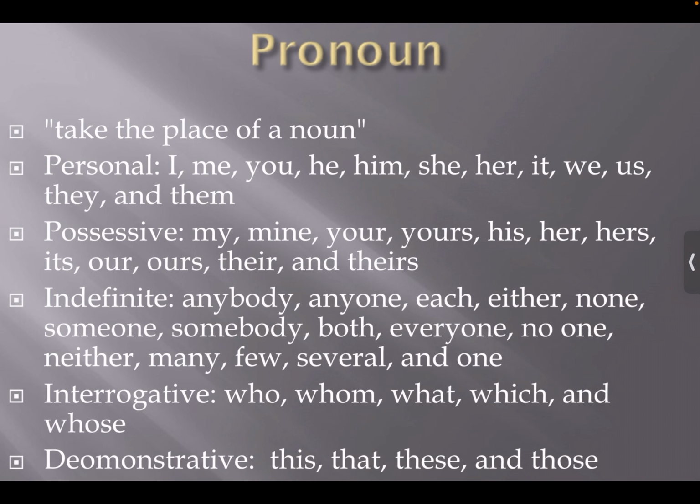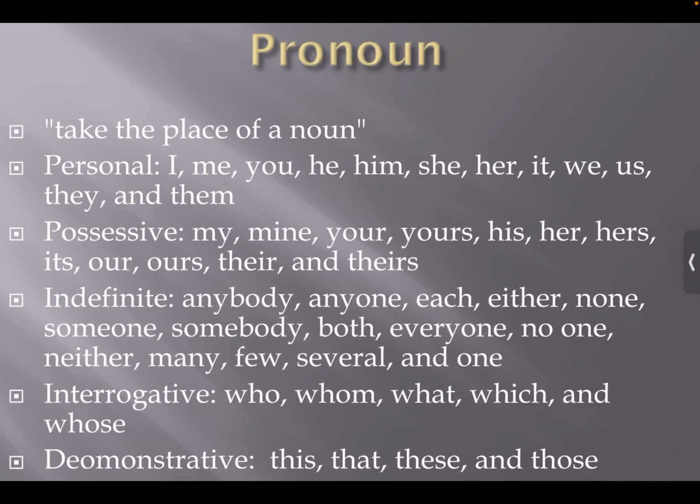And also we have the indefinite. Here are some examples of indefinite: anybody, anyone, each, either, none, someone, somebody, both, everyone, no one, neither, many, few, several, and one. And interrogative: who, whom, what, which, and whose.